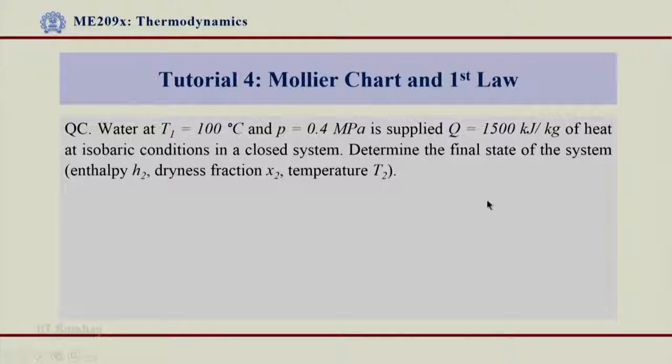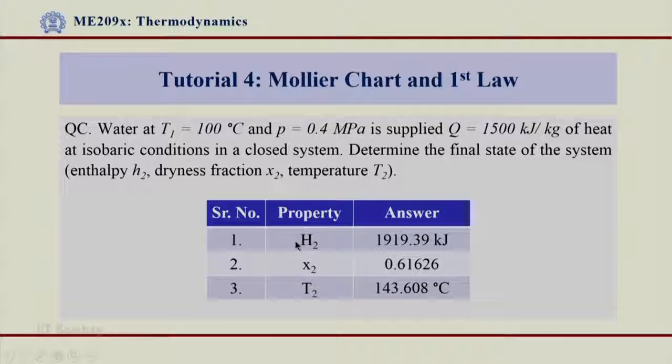Alright, so this was our problem. The answer will be the enthalpy at point 2 is 1919, the x2, the dryness fraction at point 2 being a wet steam is 0.616, and the temperature at that point is 143.6 degree centigrade. And this is the answer of this question.